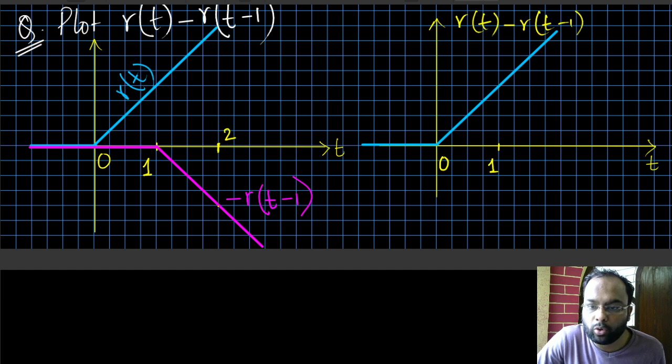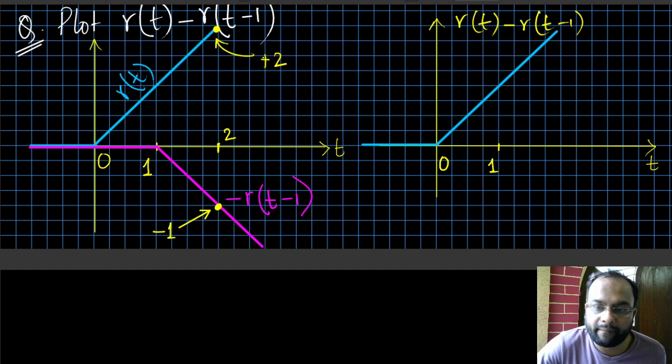At t equal to 2, what is the value of this signal? This is at -1. And at t equal to 2, what is the value of this signal? This is at +2, right?